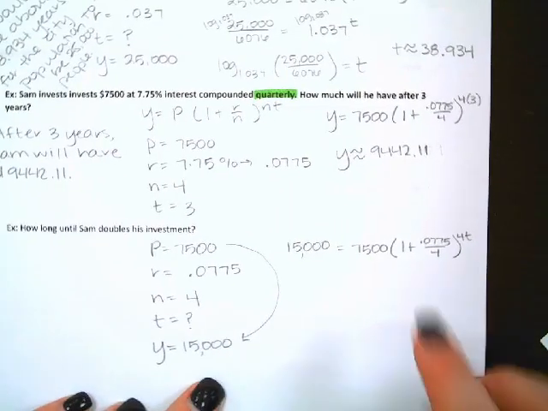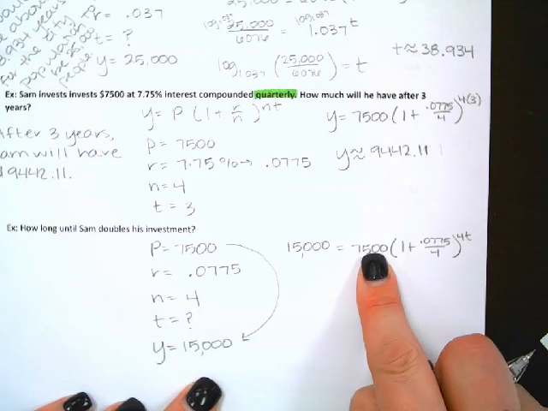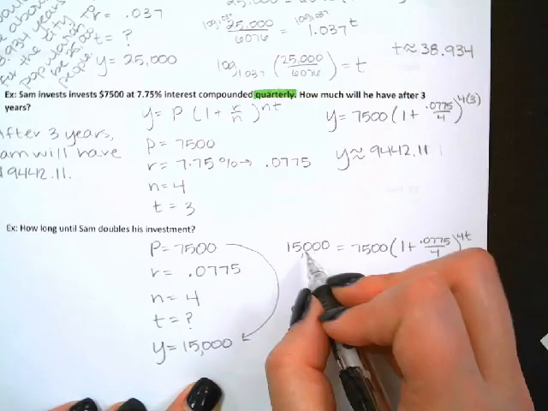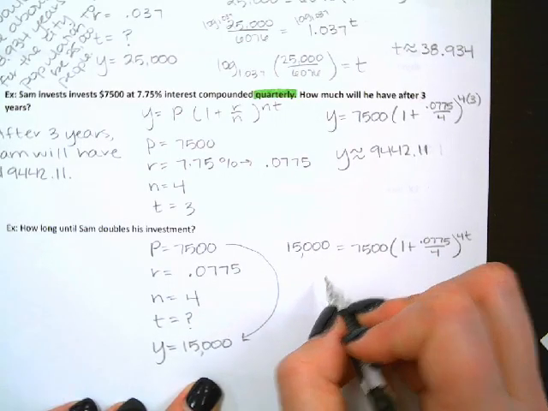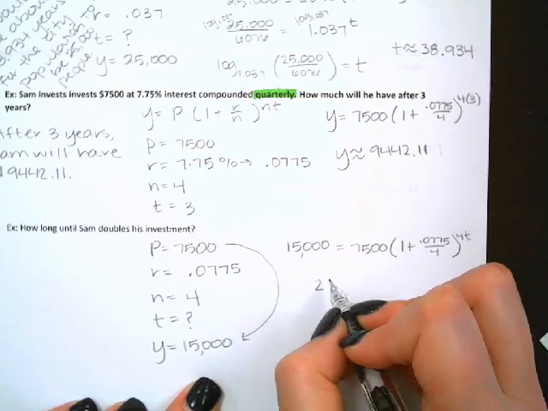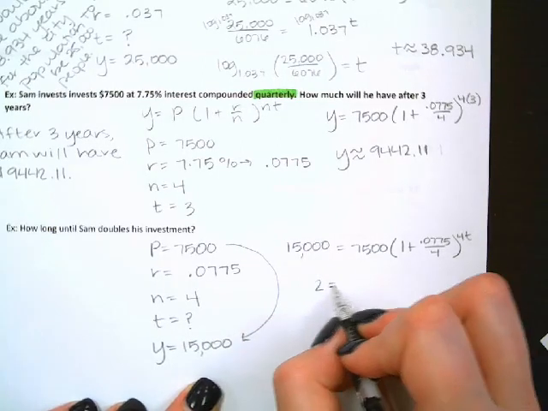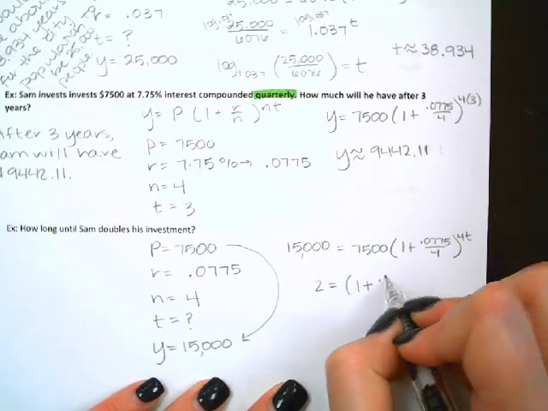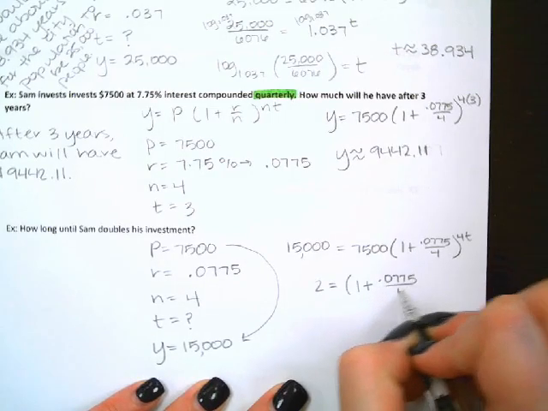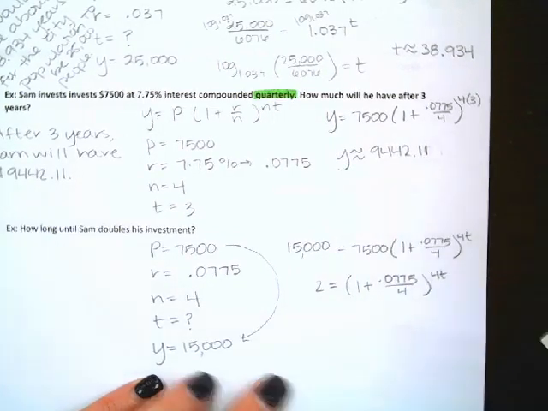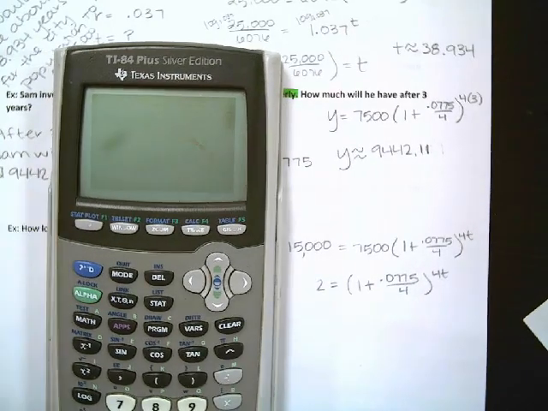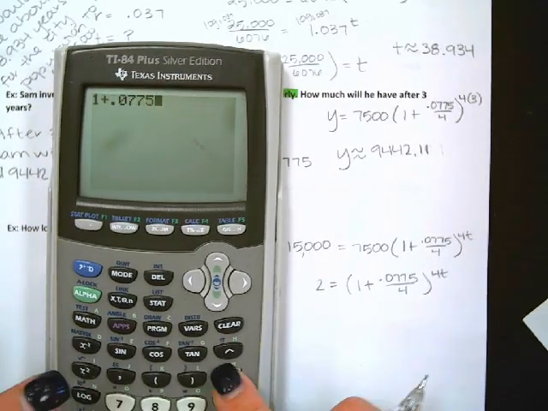All right. So first thing, I'm going to go ahead and take that 7,500 and divide it over to the other side. So 15,000 divided by 7,500 is 2, right? Because you doubled it, so that makes sense. 2 equals 1 plus 0.0775 over 4 to the 4t. I'm going to go ahead and see what that decimal is if it's a nice one. 1 plus 0.0775 divided by 4.